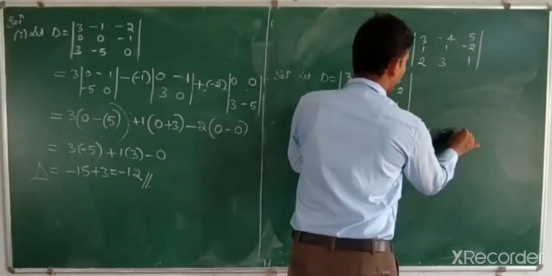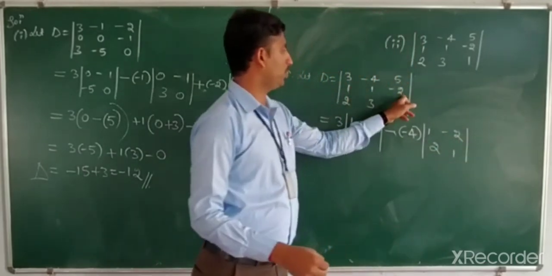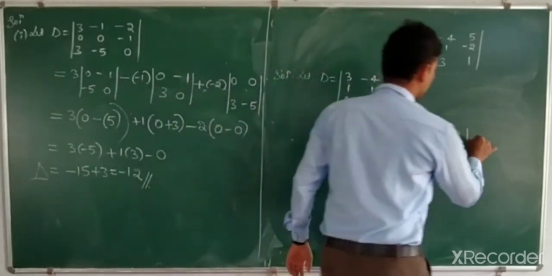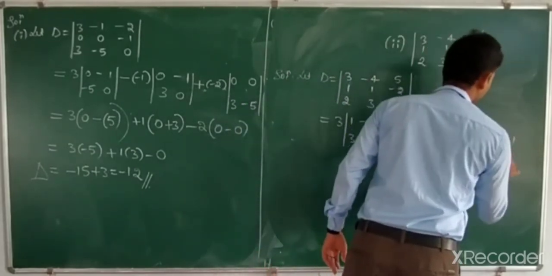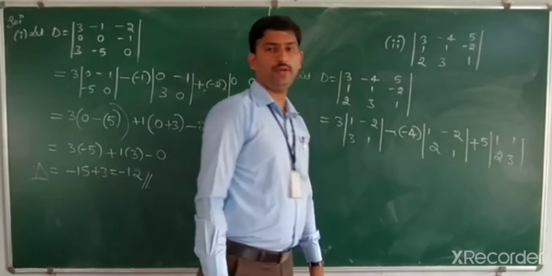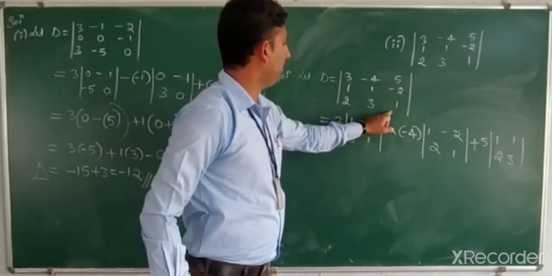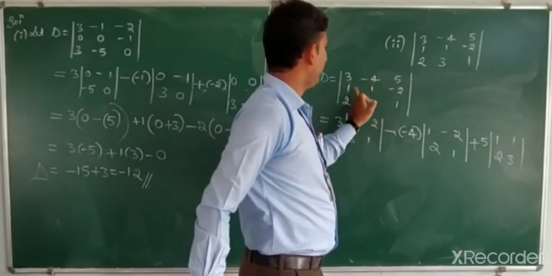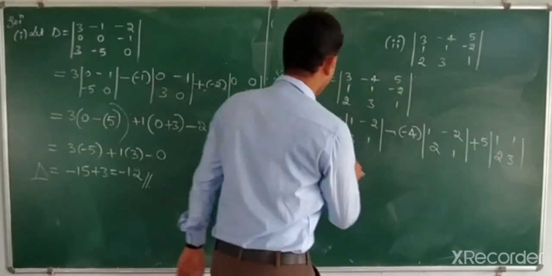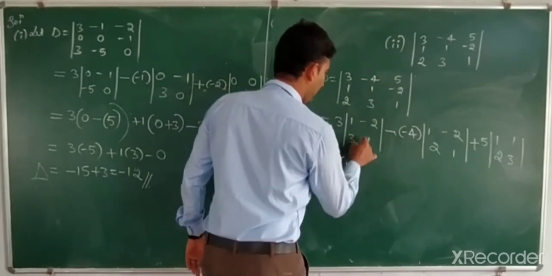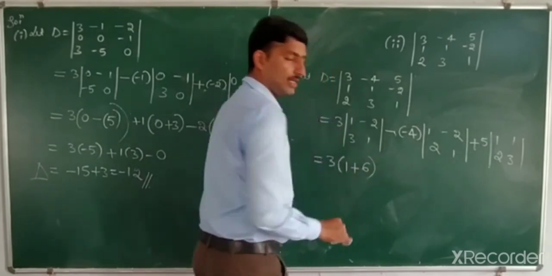1 minus 2, 2 1, plus 5 into 1 1, 2 3. 3 1 minus 2, 1 minus 2, 3 1, minus this value 1 minus 2, 2 1, plus 5, 1 1, 2 3, which is equal to 3 into 1 1 into 1, minus of minus 6.